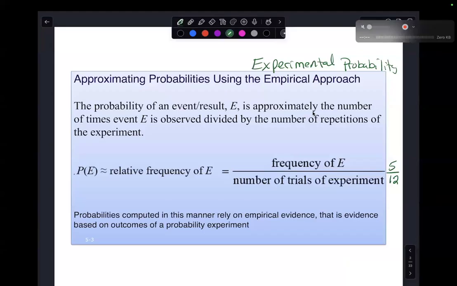But let's say that I rolled the dice 150 times or 1,000 times, then you're going to get closer and closer and closer to the actual probability, which obviously is 1/2. So that's called the law of large numbers, but we actually have a slide for that later on. So we're just going to kind of move past that. So the empirical approach or experimental probability requires you actually to complete the trials. Questions on that?